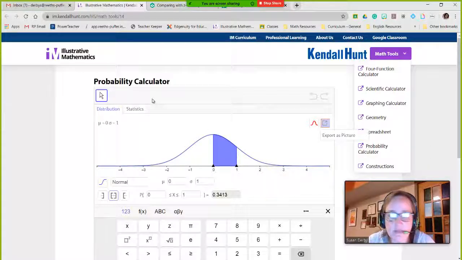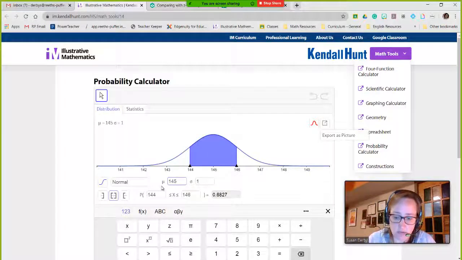This probability calculator has some questions for us. You should see it very familiar. Normal curve set up, mean right in the middle, standard deviations off to each side. It lets us put in what we know, the mean and the standard deviation. So in this case, we know that the mean is 145, and we know that the standard deviation was 2.